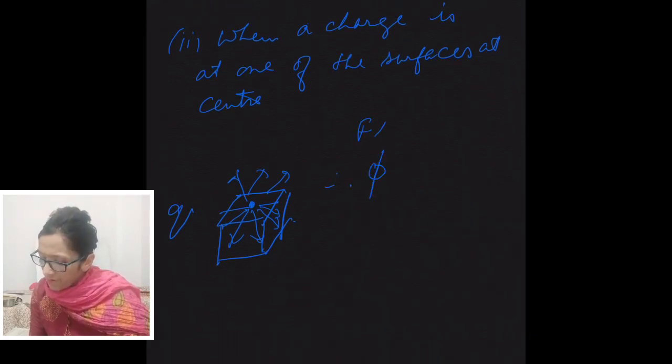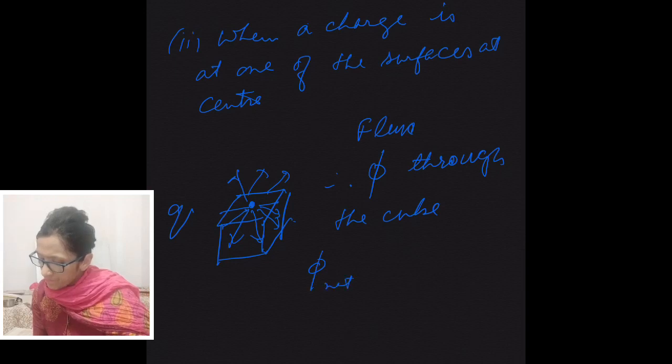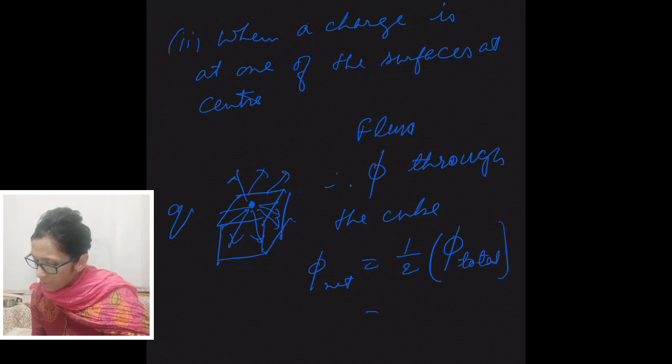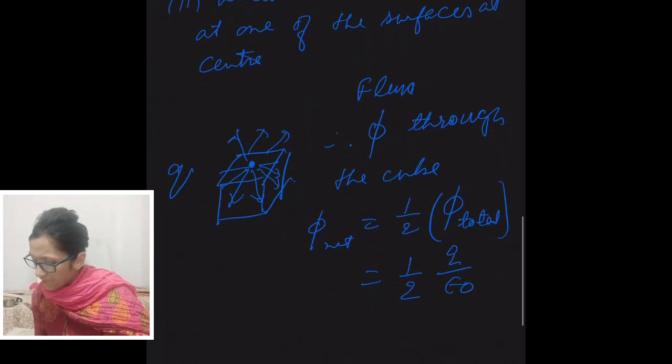Therefore the flux phi net through the cube is half of the total flux, and this is equal to 1/2 q upon epsilon naught.